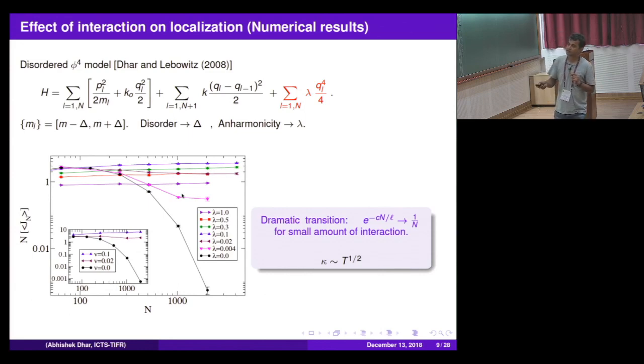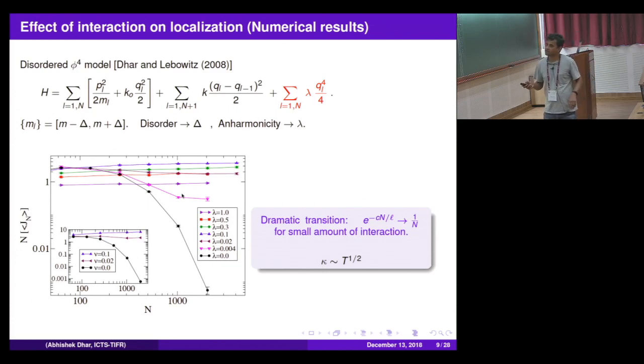So this is the heat conductivity which we plot versus system size. When there's no anharmonicity, it exponentially decreases with system size. As soon as you put in a bit of anharmonicity, you find that it saturates to a finite value. So as soon as you put in any interactions, it becomes a conductor. Okay, so there's a quite dramatic transition.